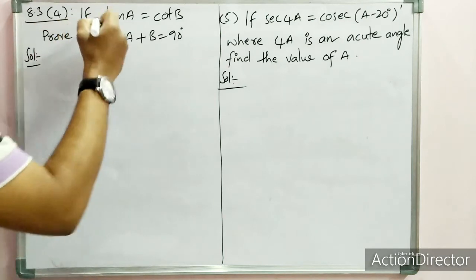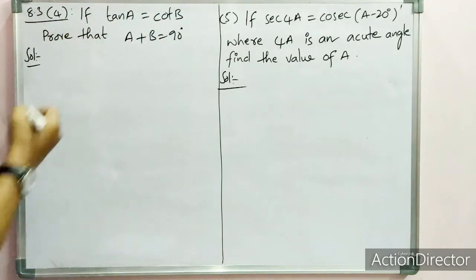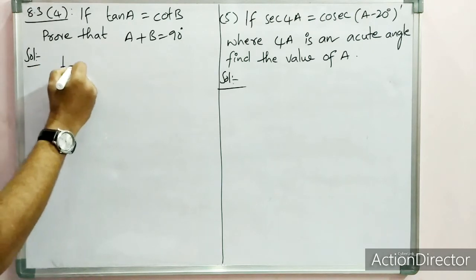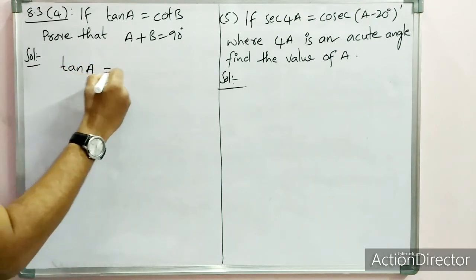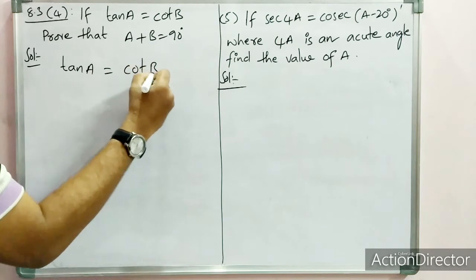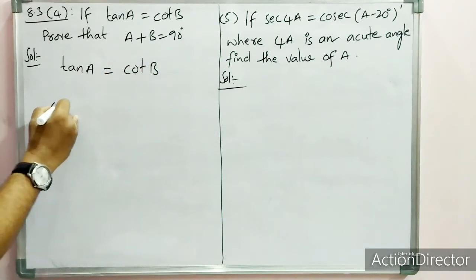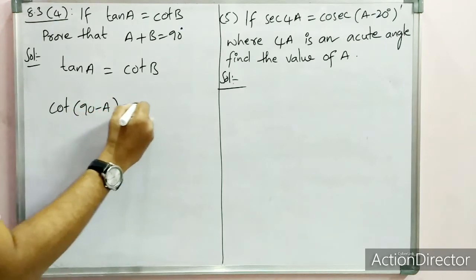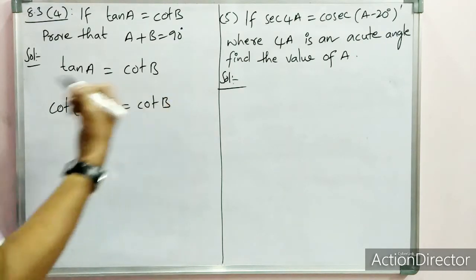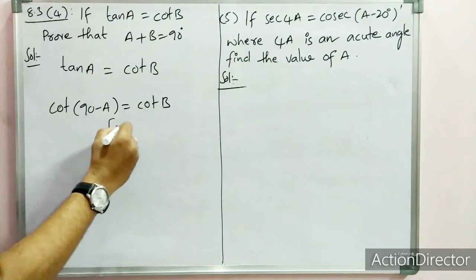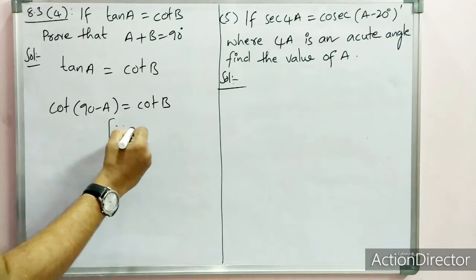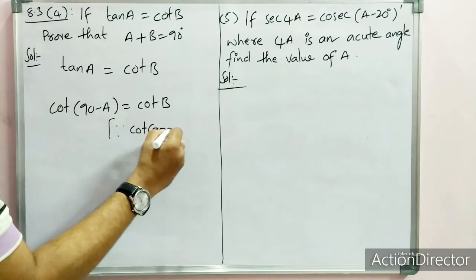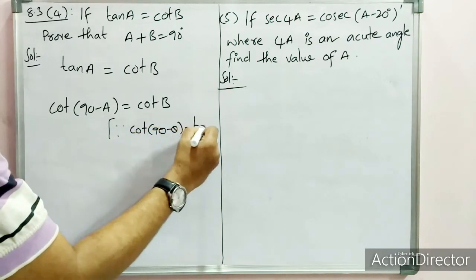Now the fourth question: if tan A is equal to cot B, prove that A plus B is equal to 90. It is given that tan A equals cot B. Tan A I can write as cot (90 minus A), which equals cot B. The complementary formula here is cot (90 minus theta) is tan theta.